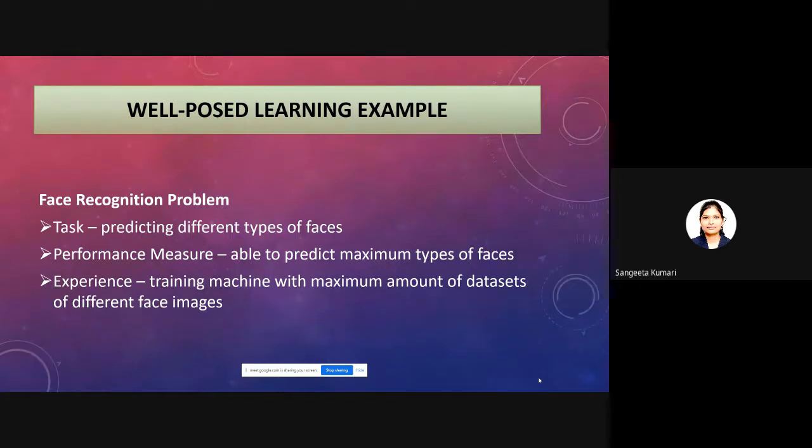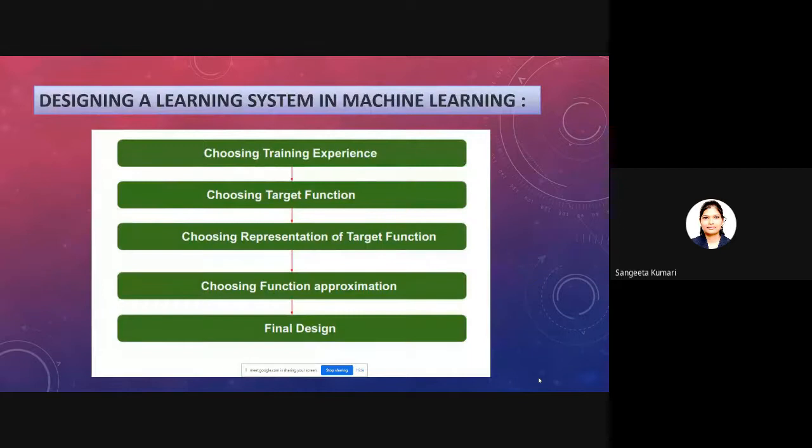What would be the task, how we can improve the performance, and what would be the experience which will further improve the performance, right? It's important to understand that there is always a trade-off. We will come to that point also. But the next thing we are going into in this session is designing a learning system in machine learning.